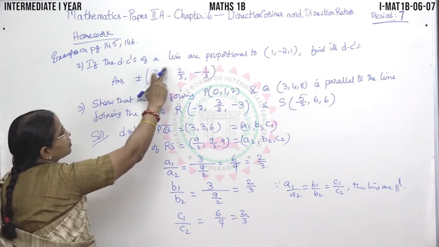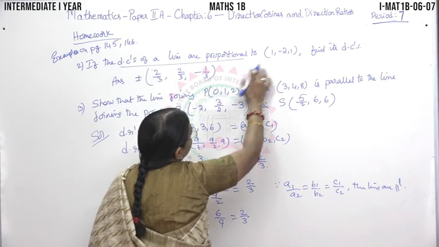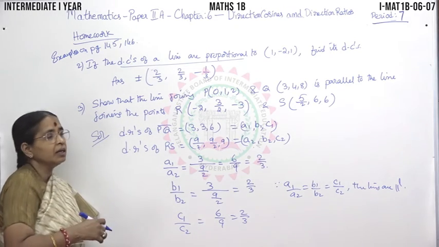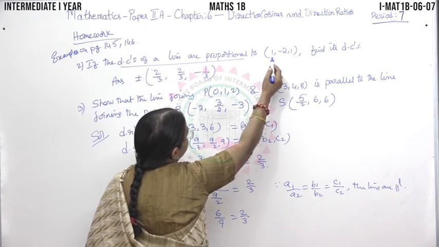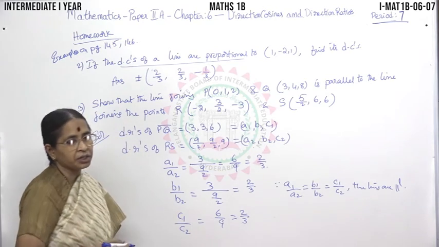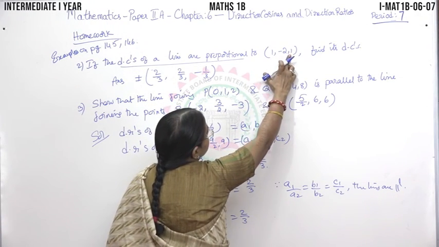If the DCs of a line are proportional, they are the direction cosines. So these are the direction cosines. To convert them to direction ratios, you will divide by root of 1 square plus -2 whole square plus 1 square.